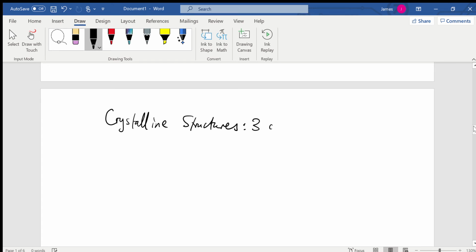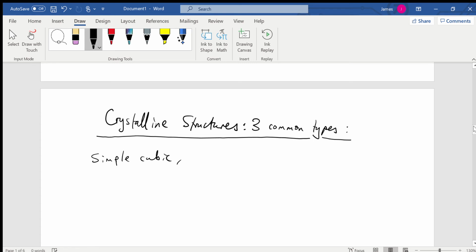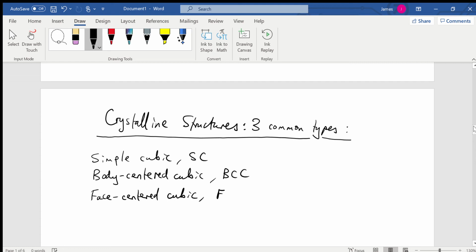So there's three common types that are common in questions. Okay, there is simple cubic, which we will call SC. There is body-centered cubic, which we'll call BCC. And there is face-centered cubic, which we'll call FCC. So these are the three that I would recommend that you focus on.